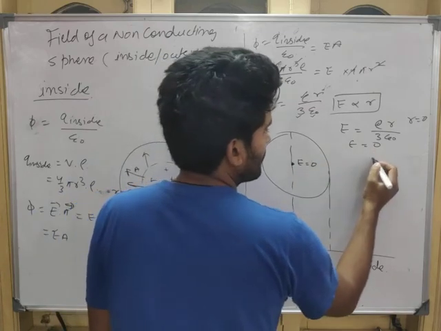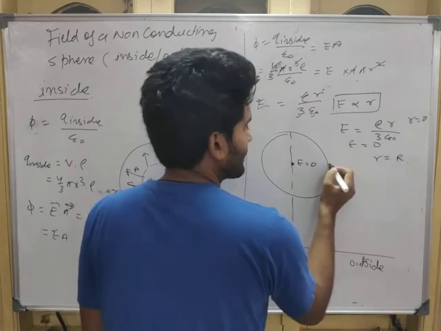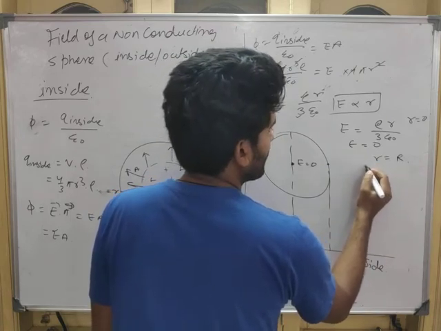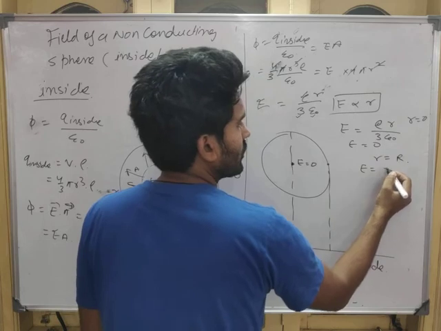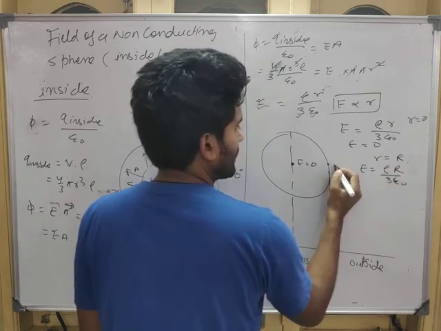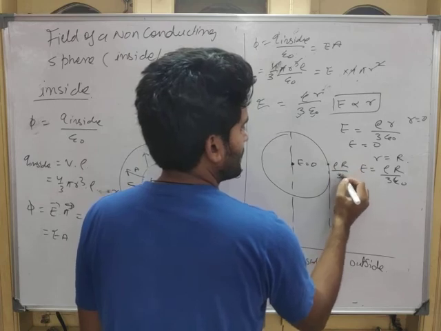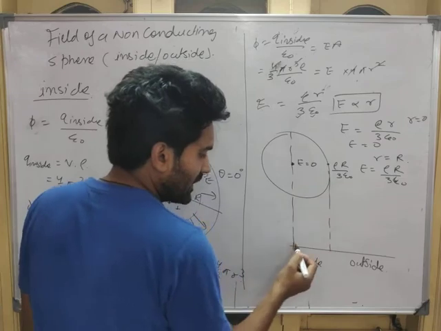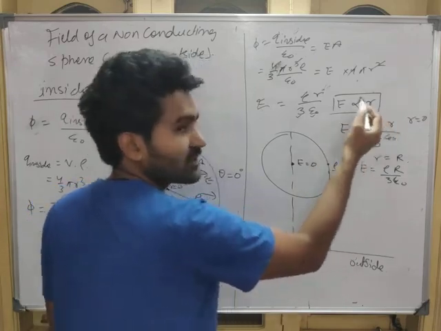If you keep r equal to capital R, at this point we will find E equal to rho R by 3 epsilon naught. So inside it is increasing by a linear relation.